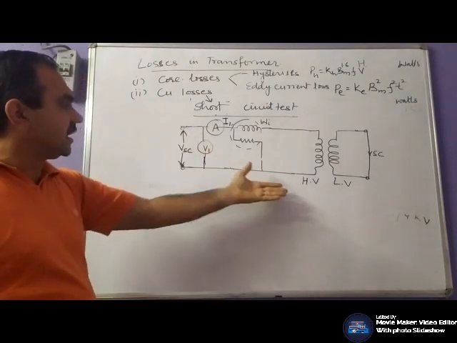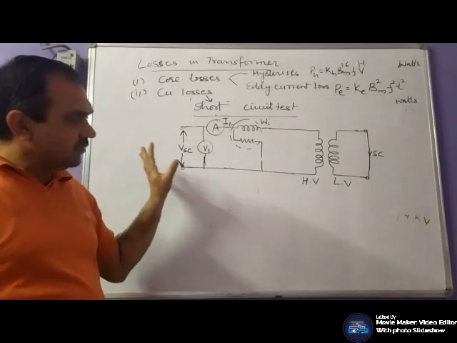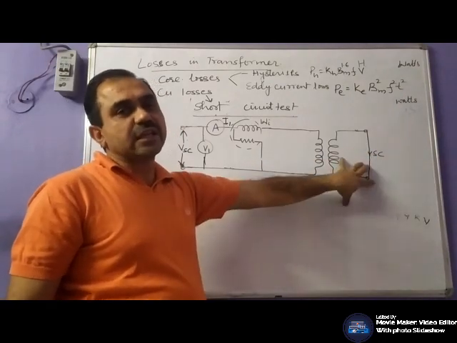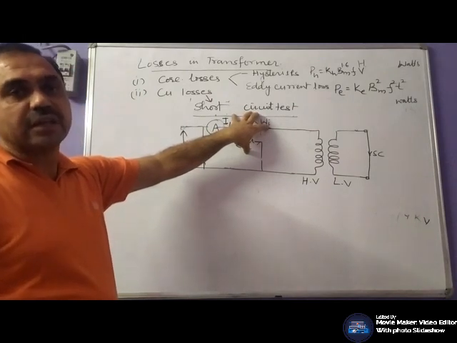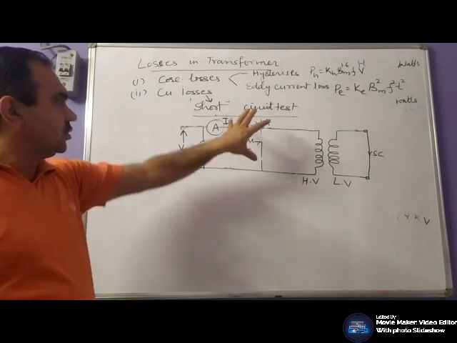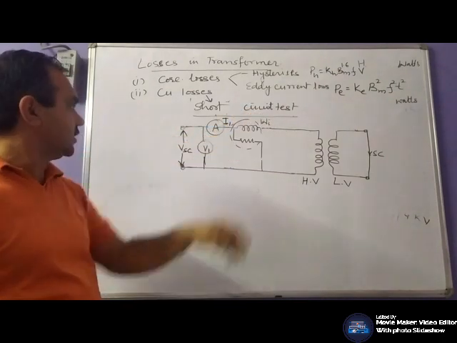That's why we can apply this test on the high voltage side. We can perform it on the low voltage side, but the problem becomes the same, that is the rating of your apparatus, because of the wattmeter rating, accordingly you have to use CTs and PTs to measure the power with the help of this standard wattmeter.